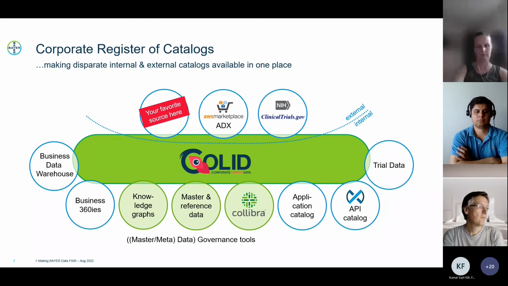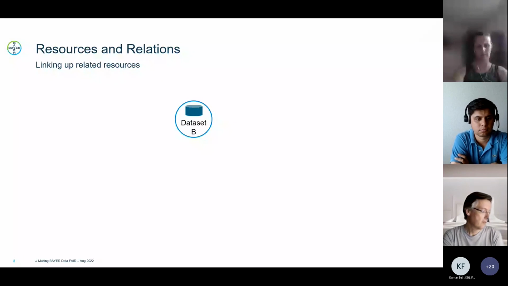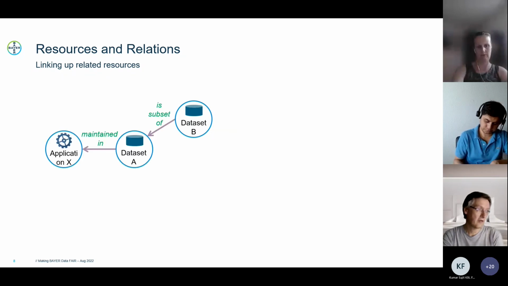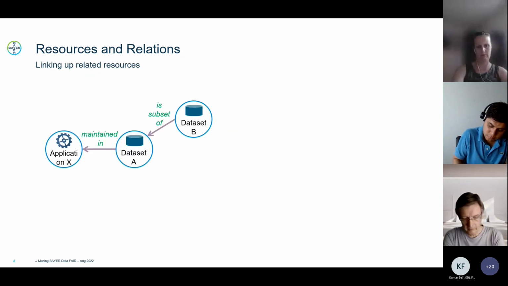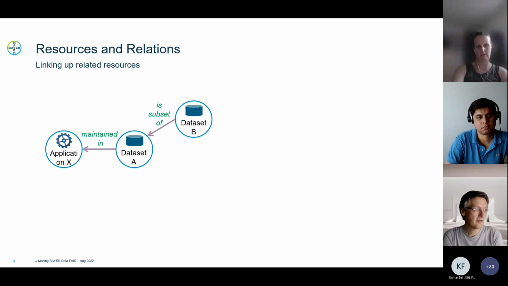Moving on, there's a lot of variety in here. What's also important is that you lead from one thing to another because things are related. When you find a data set, you may find, oh, that looks interesting. And then in the system, you can find that it's actually linked to another data set of which it's just a subset, and that's maintained in some application.